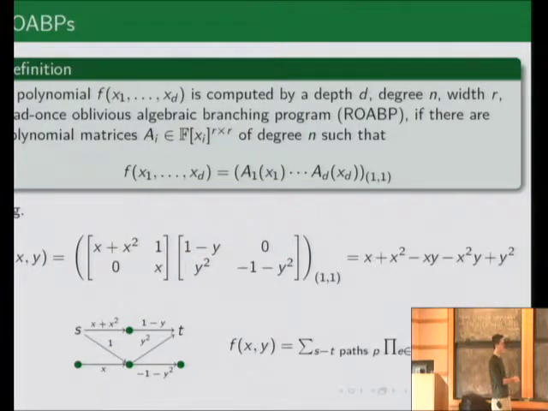So this top path would be this weight times this weight, and there are only two paths. This is the way an algebraic branching program computes. The reason it's read-once is because in this layered model, we read x once and then we read y once, and we don't come back to any of these variables. If we allowed you to come back to a variable, then you'd have a much more powerful model, but we don't know how to do any lower bounds in that case.